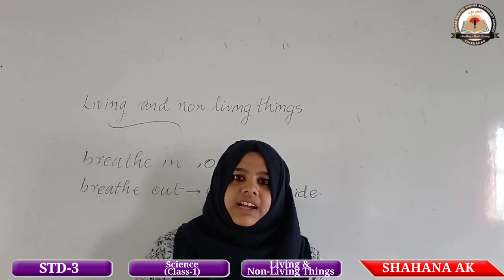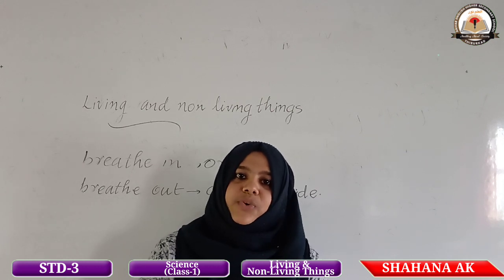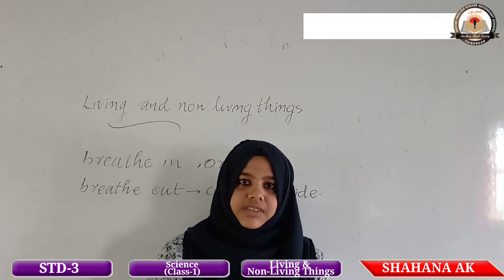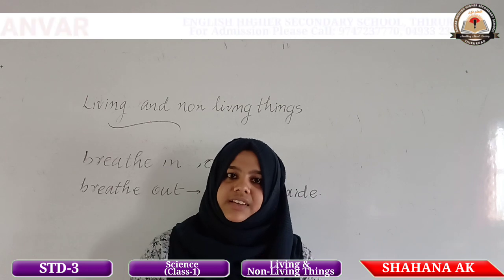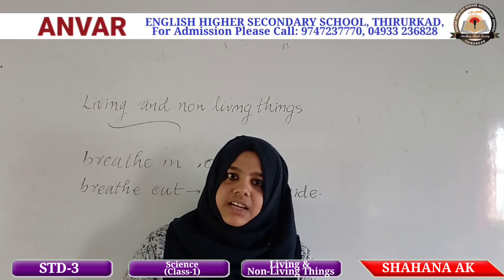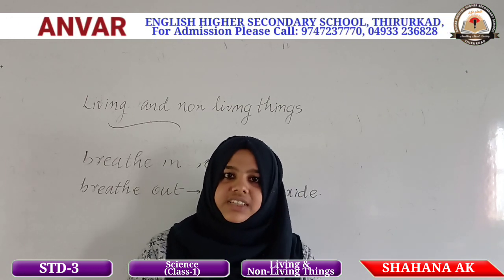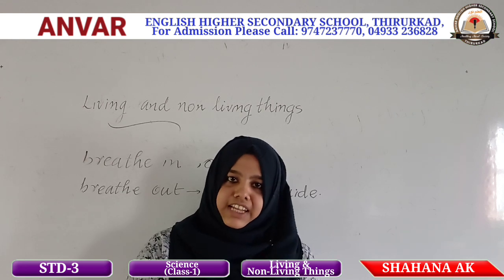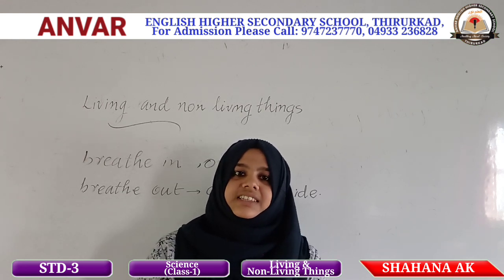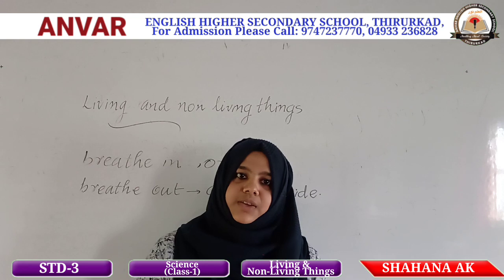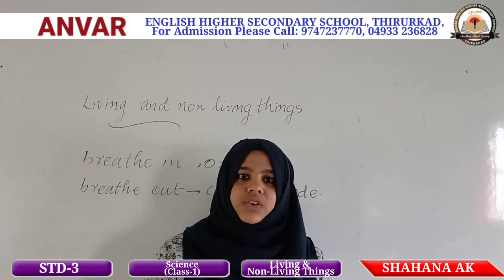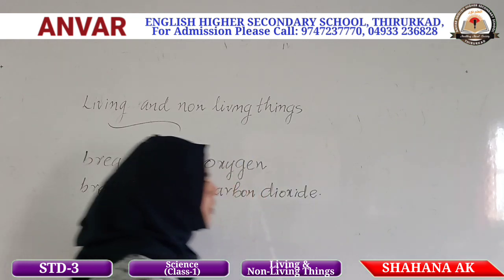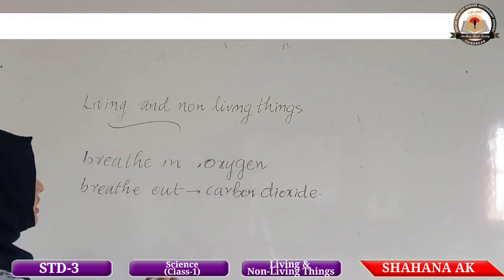So there are different breathing organs for different organisms. Human beings are using lungs, plants, stomata, insects, air sacs, and fishes are using gills. So you have to study the breathing organs of different organisms.